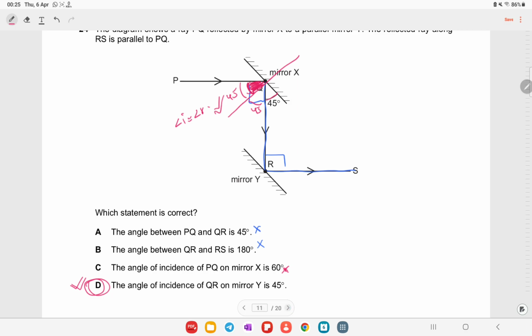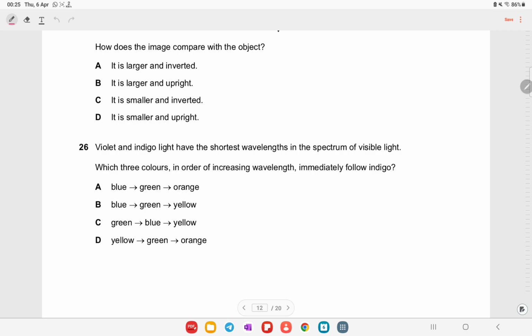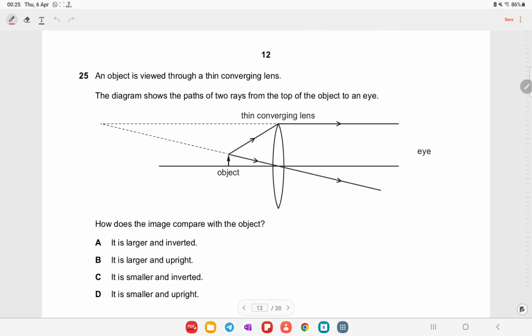Moving to the next question. An object is viewed through a thin converging lens. The diagram shows the path of two rays from the top of the object to an eye, and how does the image compare with the object?